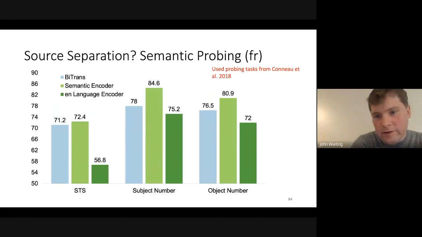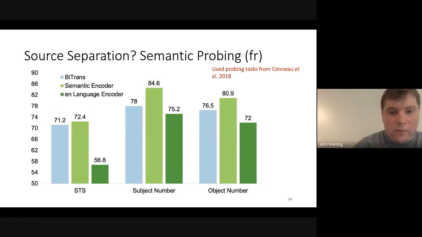And what we found is that there's a difference in what language you choose. So we used French for most of this paper, but we also tried Japanese. For French, you start to see the semantic encoder capturing more semantic information, like predicting number of subjects and number of objects.